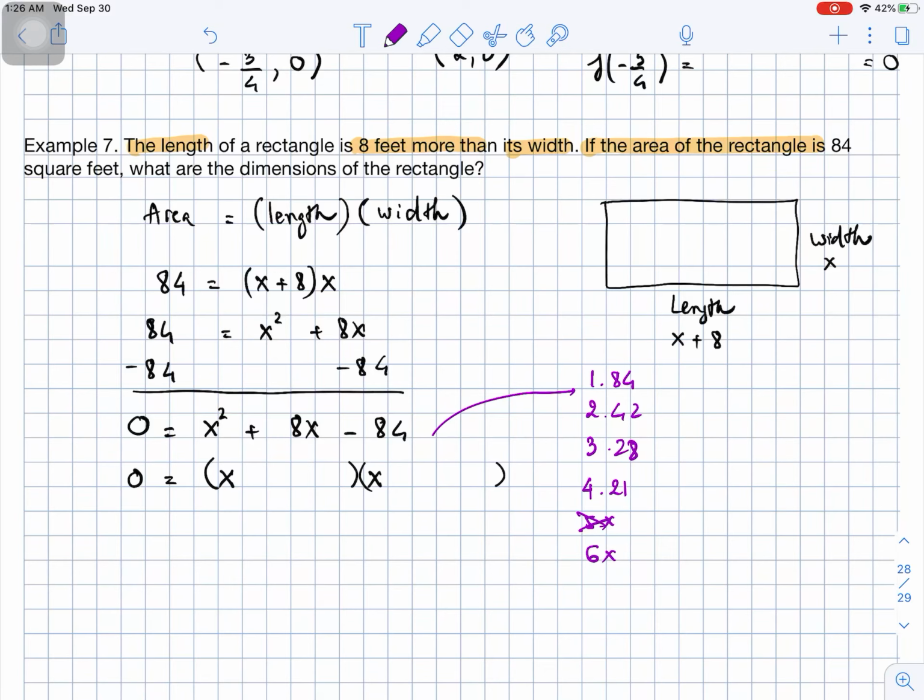And 4 goes into 84 is 21. 5 does not go into 84. 6 goes into 84 is 14.